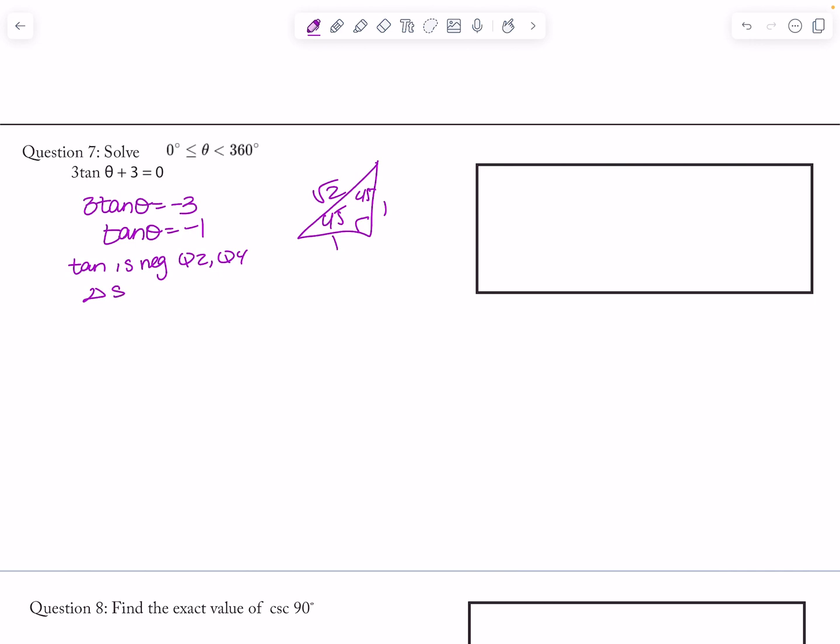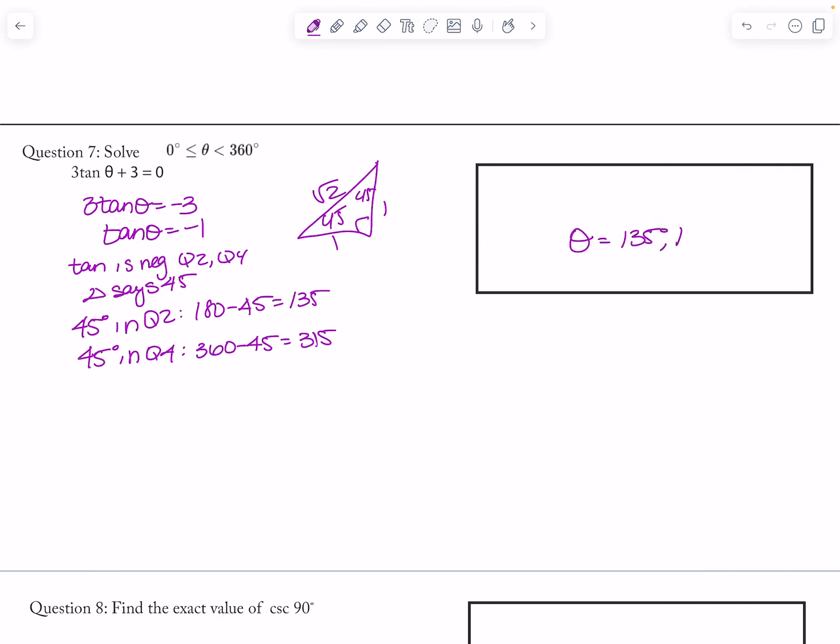My triangle says 45 degrees, so I want 45 degrees in quadrant 2, which is 180 minus 45, which is 135. Then I want 45 degrees in quadrant 3. Nope, just kidding. Quadrant 4, which is 360 minus 45, which is 315. So my theta is 135 and 315 degrees.